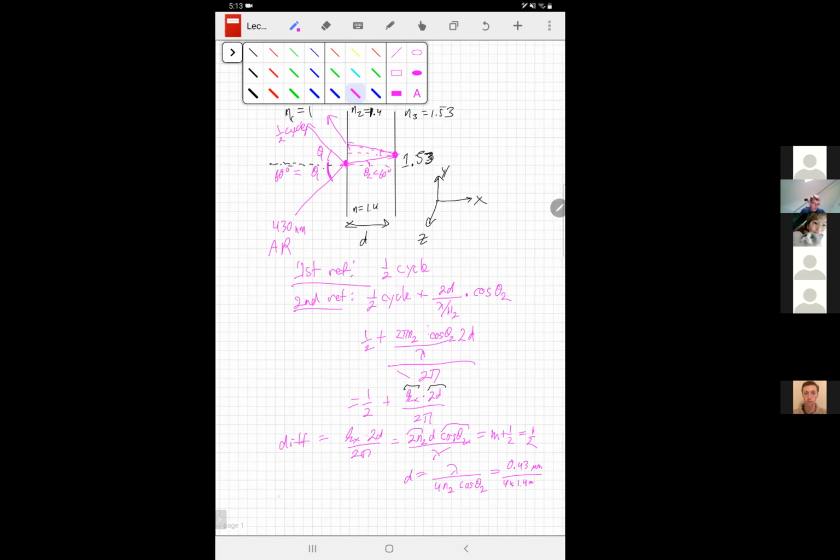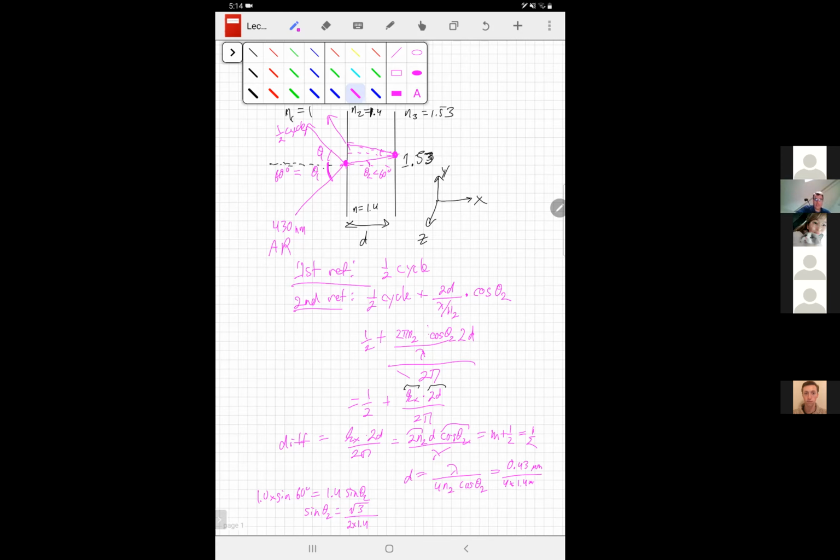So we know that 1.0 times sine of 60 degrees, that's n1 sine theta 1, equals 1.4 sine theta 2. Sine of 60 degrees is root 3 over 4. So sine theta 2 is root 3 over... You mean root 3 over 2? Yeah, root 3 over 2. If I said 3 over 4, I'm sorry.